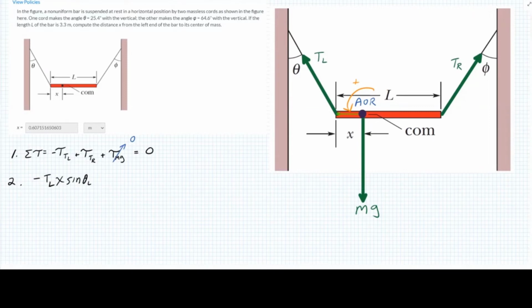So let me just stress this. X times sine theta L, that's the torque arm. Where's theta L? It's right here. It's this angle between those vectors right here.